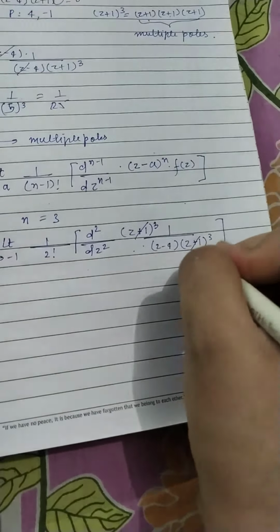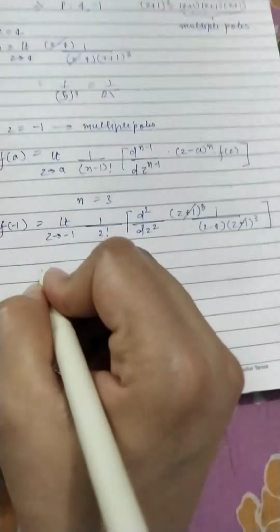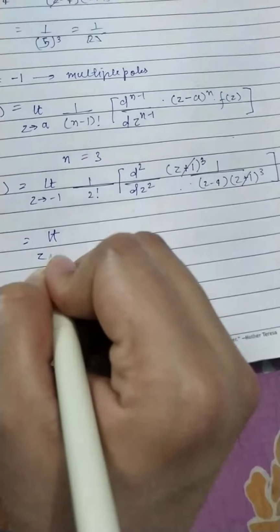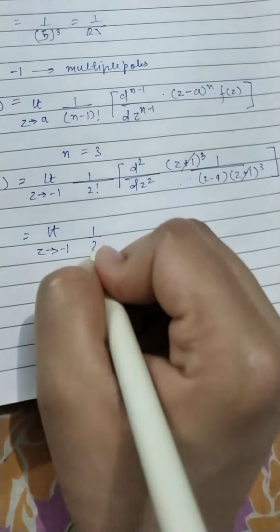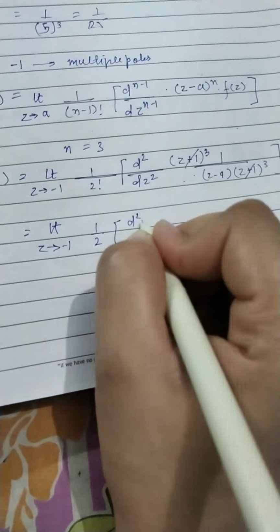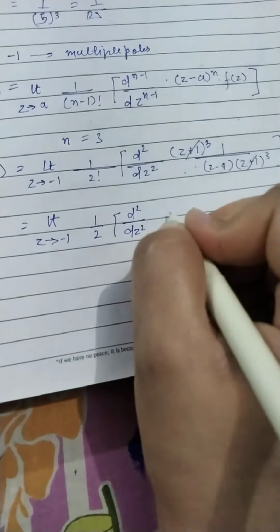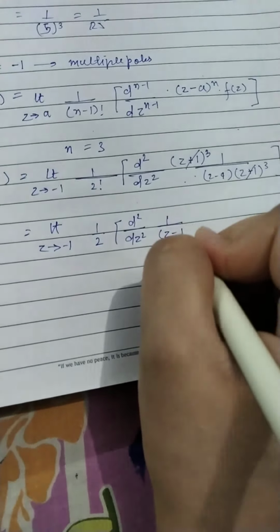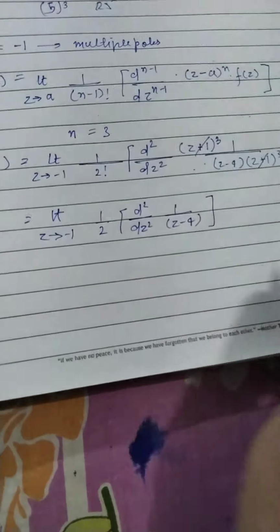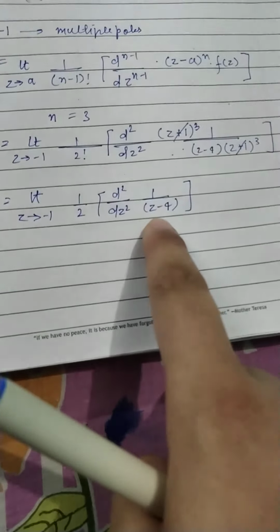So (z plus 1) whole cube will get cancelled. Now we have the limit as z tends to minus 1 of 1 by 2 into d2 upon dz2 of 1 upon z minus 4. We will be differentiating this twice.